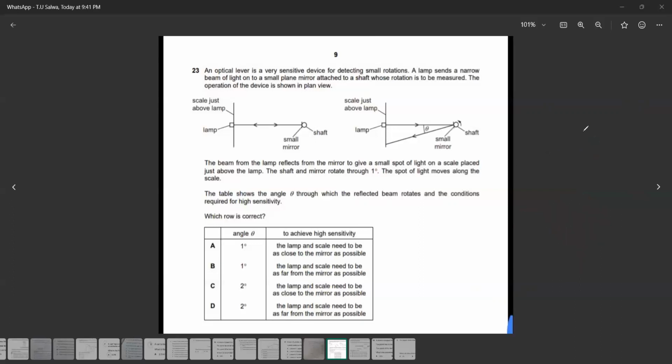The light strikes the mirror and bounces back. Now from the original position, we rotated only the mirror by 1 degree. So the angle of incidence is 1 degree and the angle of reflection should also be 1 degree. So the total angle between the incident and the reflected ray is equal to 2 degrees. Is it clear till this point? How the angle is 2 degrees?